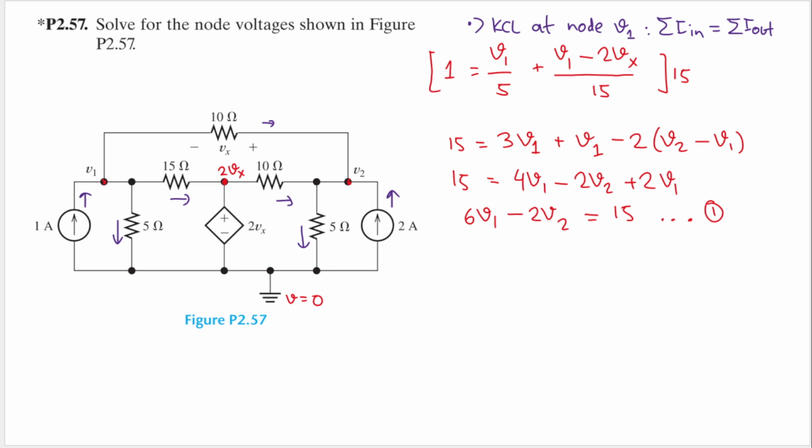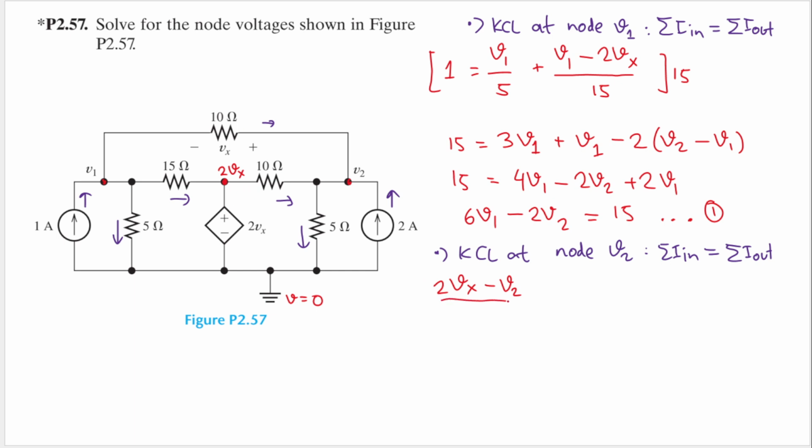The next thing we need to do is KCL at node V2. KCL says that the sum of the currents that go in will equal the sum that go out. There are two currents that go in here. First we'll have 2Vx minus V2, divided by the resistance between them, which is 10.